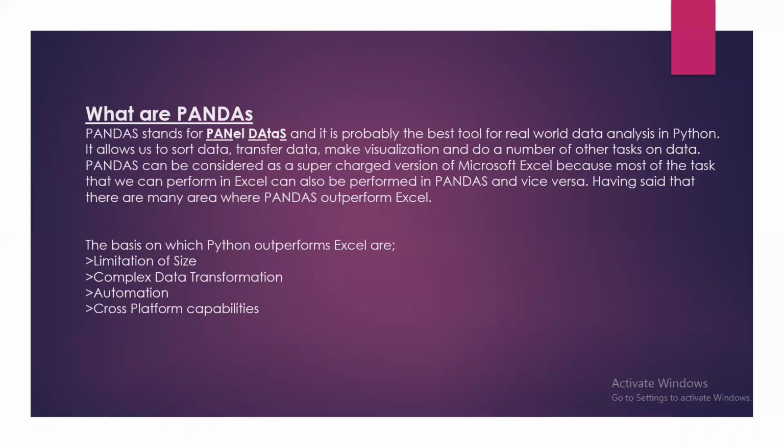In Pandas, we can automate different tasks, which Excel cannot. However, in Excel, we can use macros and create buttons to perform certain tasks. But in Python, it is much faster and easier. Python is compatible with all platforms, and its code remains the same on all operating systems.